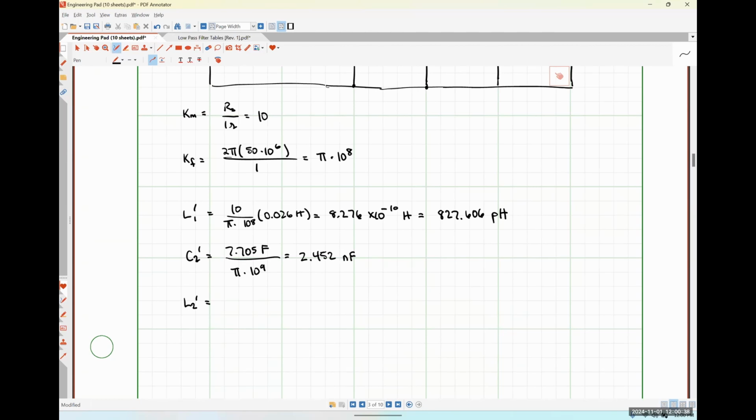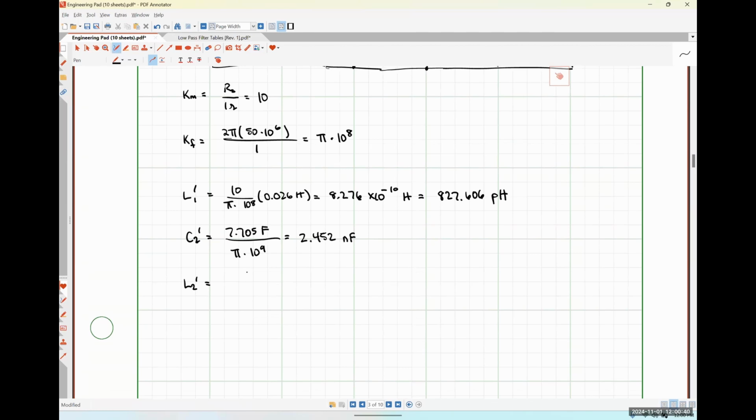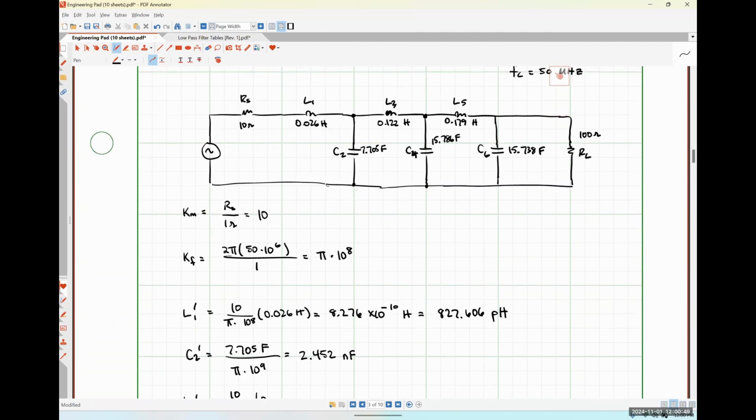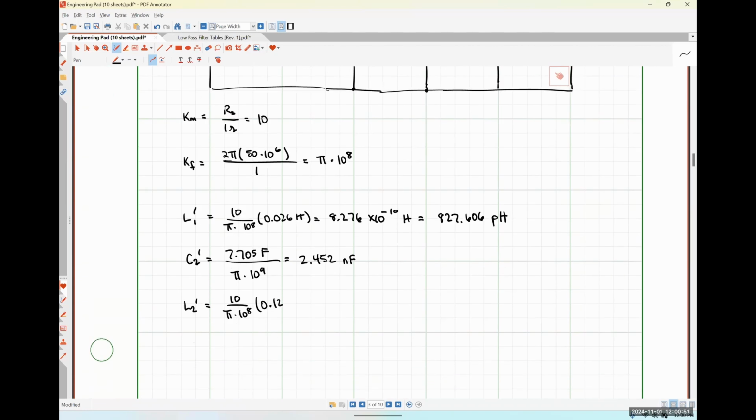L2 prime would be 0.122. So that's just 10 times pi times 10 to the 8 over 0.122 henries.